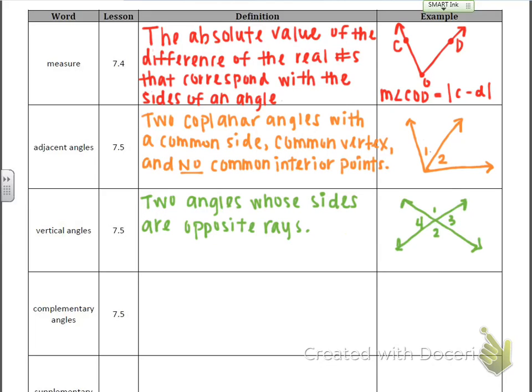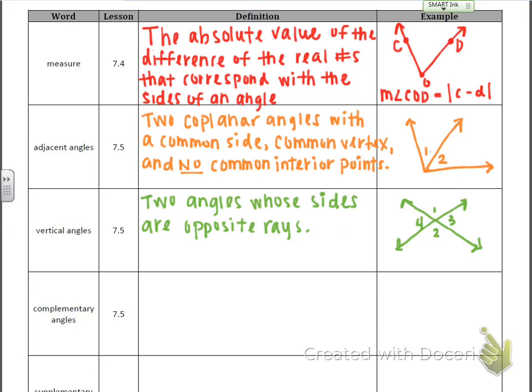So if I'm looking at angle 1, the opposite rays of angle 1 are the sides of angle 2, right? Because here's one ray and here's its opposite. Here's the second ray and there's its opposite. So the vertical angles are angles that are diagonal from each other.